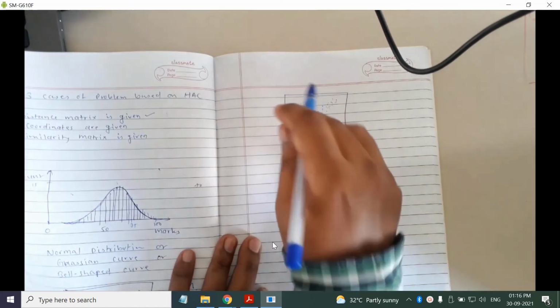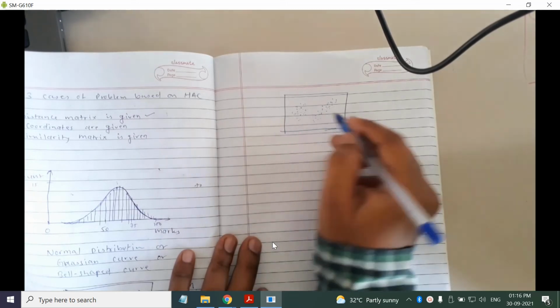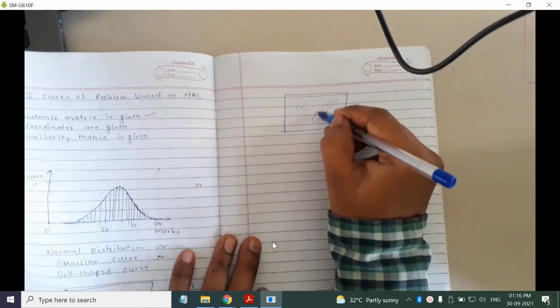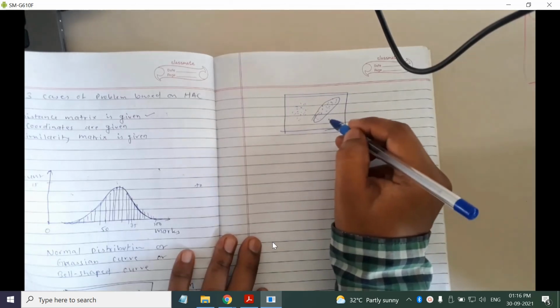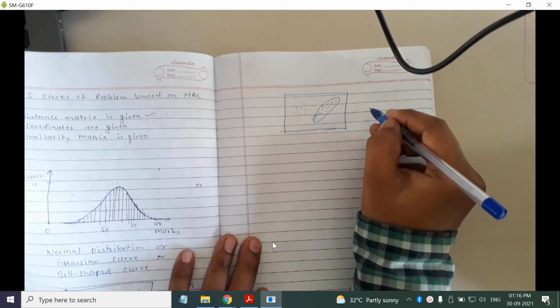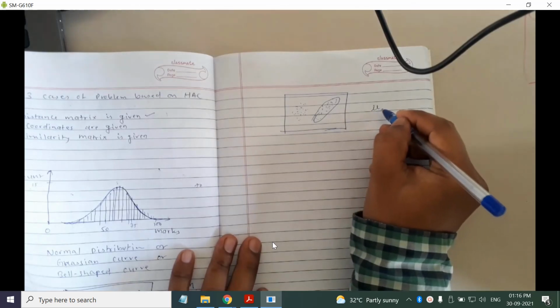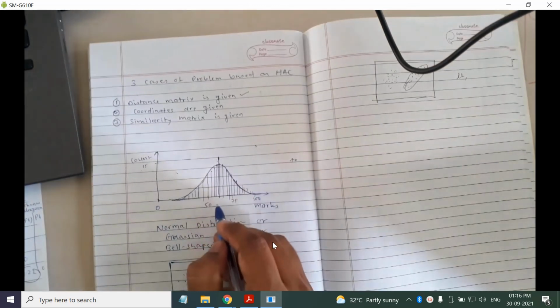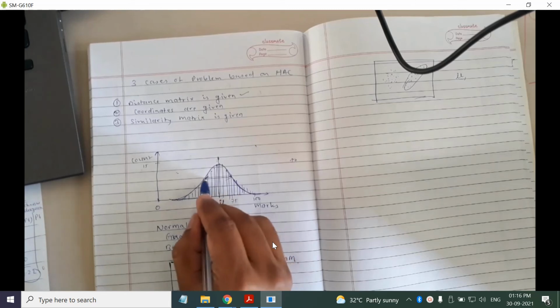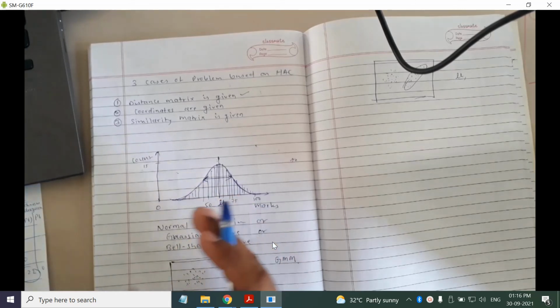Here I have to place a circular hat, but here I have to place an elongated hat like this. This shape of the Gaussian we can control using three parameters. First one is mu. Mu is the average of that Gaussian. Then we have the variance of that. What is the spread?